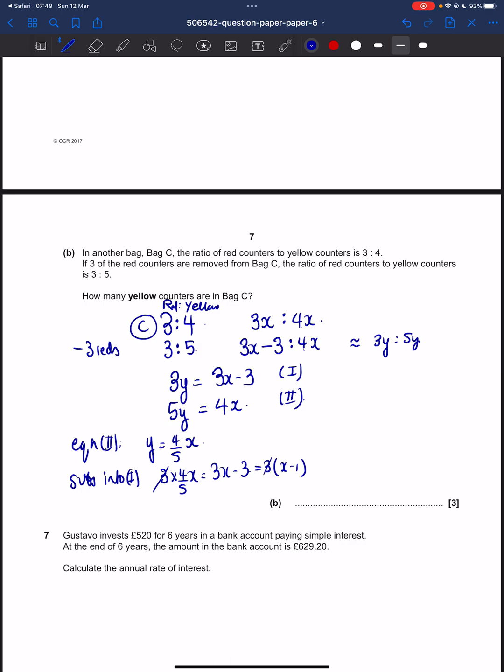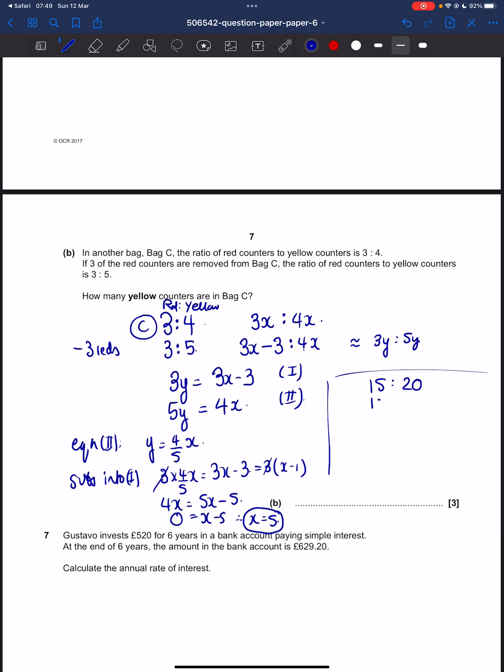Multiply by 5, so 4x is 5x minus 5. Subtract 4x from each side, so 0 is x minus 5, so therefore x is 5. That's our key. So if x is 5, we've got 15 to 20 in the original bag.